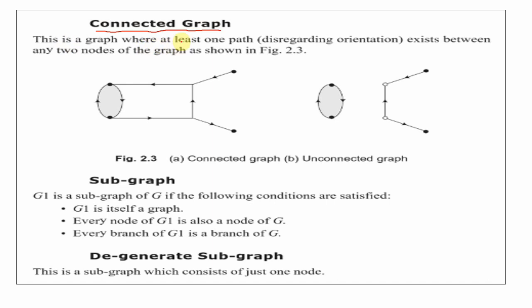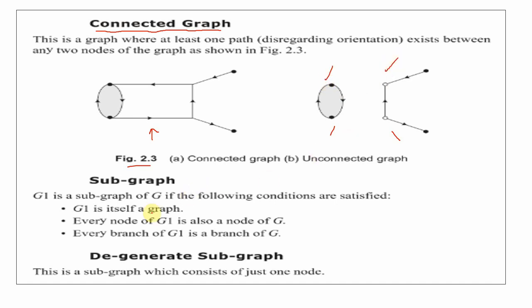This is a graph where at least one path exists between any two nodes of the graph, as shown in figure 2.3. So this is your connected graph. Here you observe that a path exists between these two parts of the graph, that is called the connected graph. Here this is an unconnected graph because this part is separate, this part is separate.